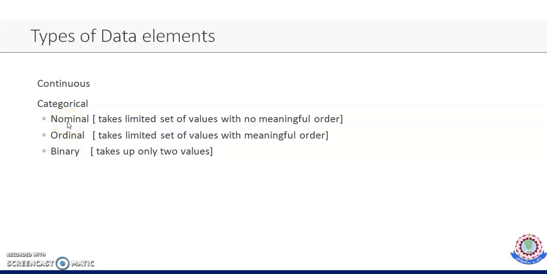Nominal takes a limited set of values with no meaningful order, ordinal takes a limited set of values with a meaningful order, and binary takes only two values, either 0 or 1. Based upon this segregation of the attributes, you have to identify which category the attribute that you have selected falls under, and you have to perform univariate analysis on the attribute that you have chosen.